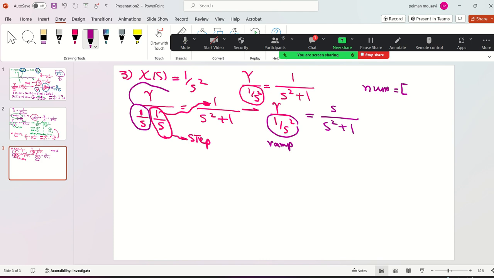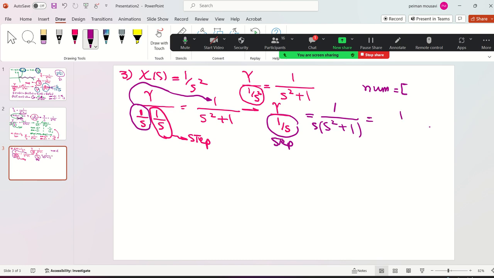If I do that, it's gonna be step, because we have a step command. And let me delete this. Okay. And it's gonna be this time s in s plus 1.